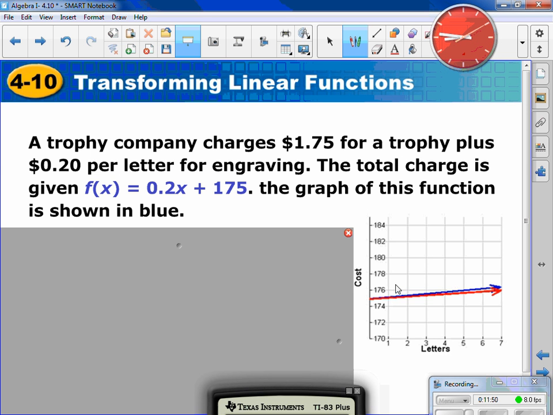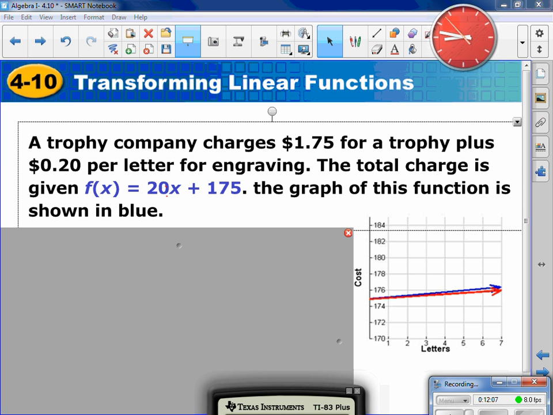Let's piece everything together. A trophy company charges $1.25 for a trophy plus 20 cents per letter for engraving. The total charge is given as 0.2x plus 175. Should be decimal. There, it's fixed. Why did I change it? What was wrong there?